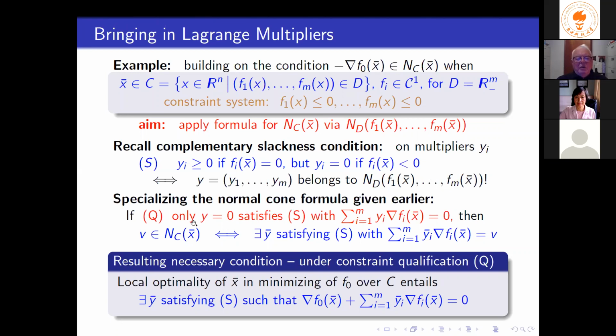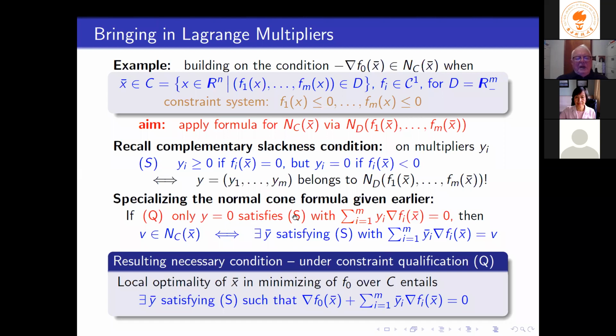So it would say that if I look at the vector satisfying the complementary slackness condition at this point, there's no such combination that will make this be 0 except for the 0 multiplier. So it's very similar to a linear independence condition, which would be exactly what I would have if instead of inequalities, I would simply take equations. Then this would have turned out to be linear independence.